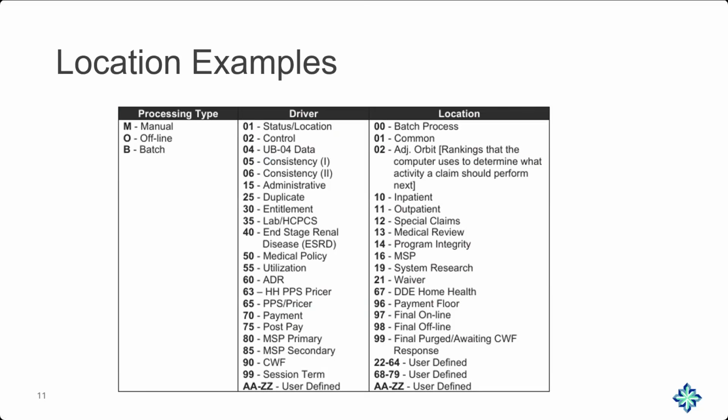So in this case, this claim is a finalized claim, so no further action can be taken on it. Its session is terminated, and it's waiting to be released to remittance advice from the payment floor. And then the payment will be made. So that claim is done processing, but payment hasn't been released yet.